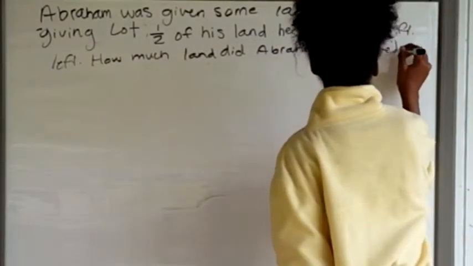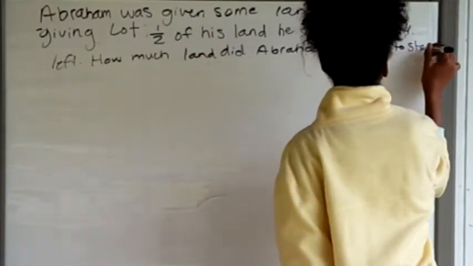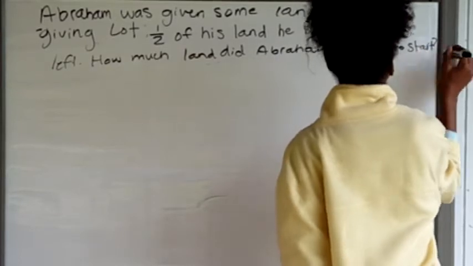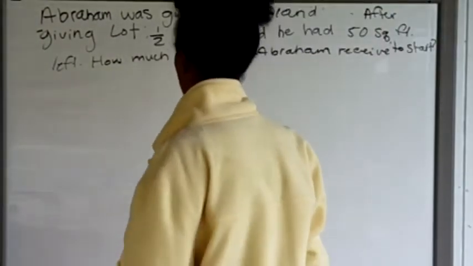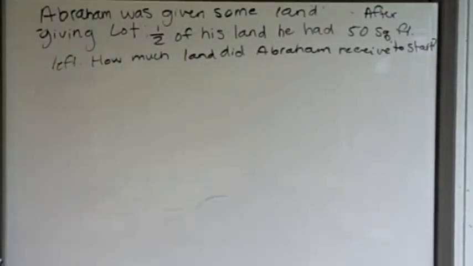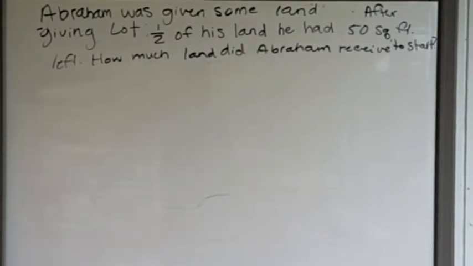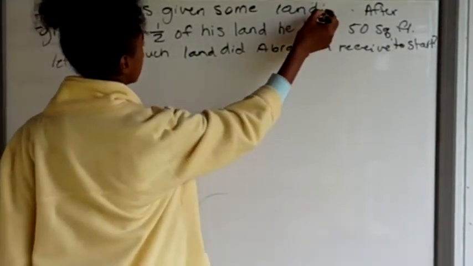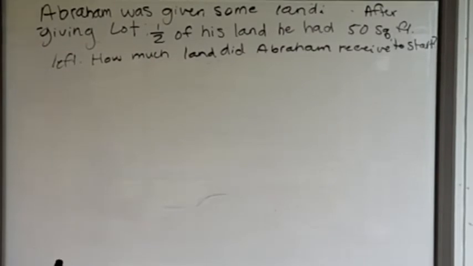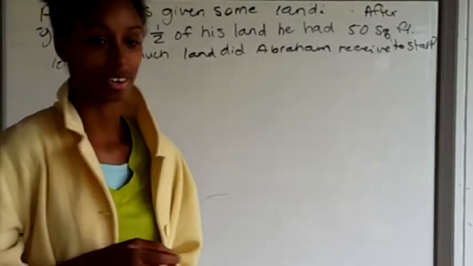Let me work it out. Let me work out all the problems today. All right. So Abraham was given some land. After giving Lot half of his land, he had 50 square feet left. How much land did Abraham receive to start?